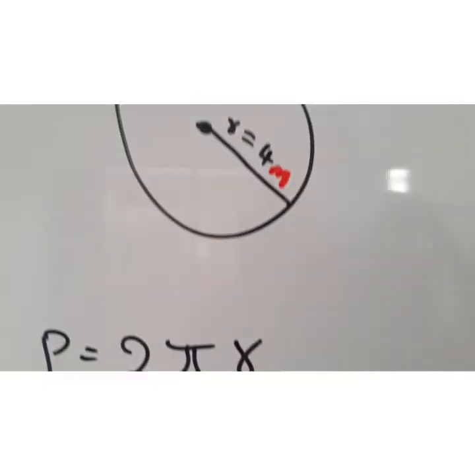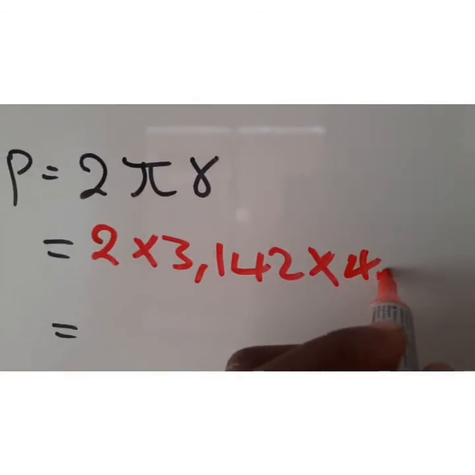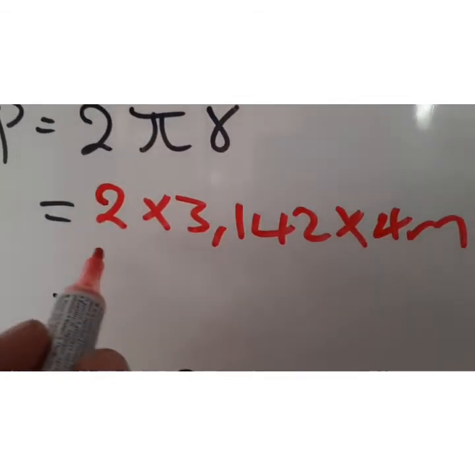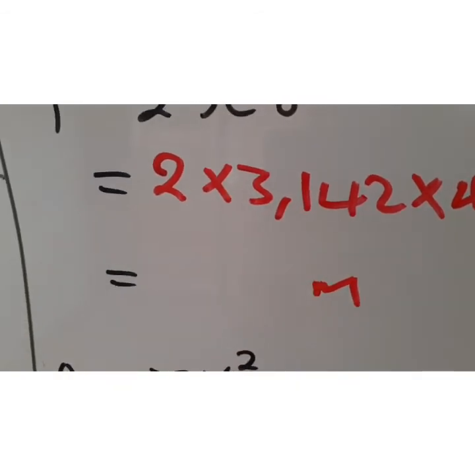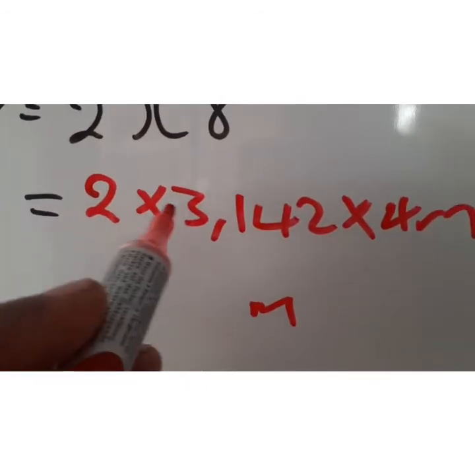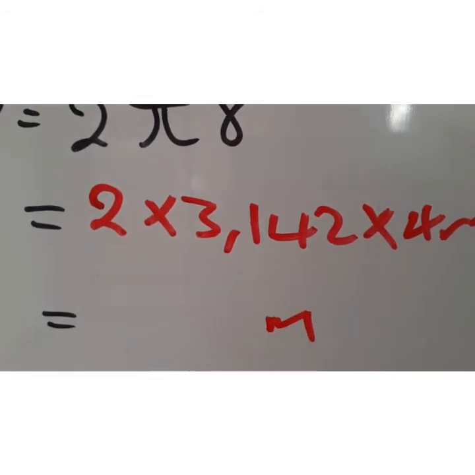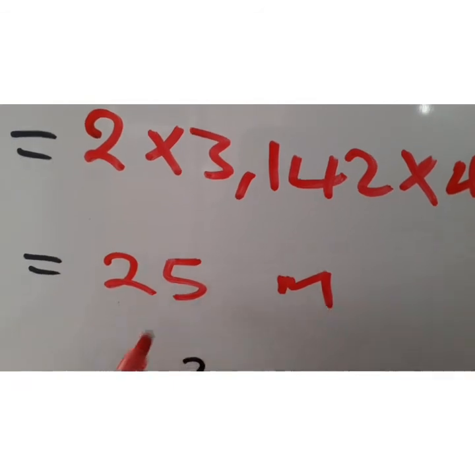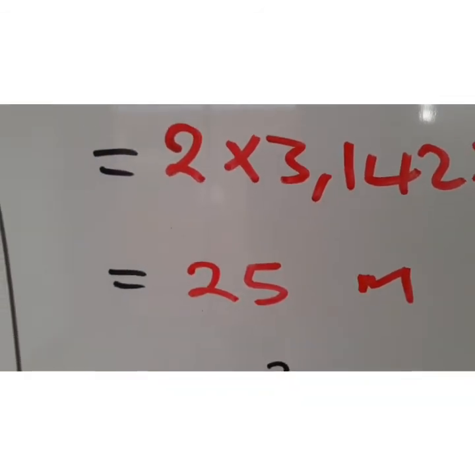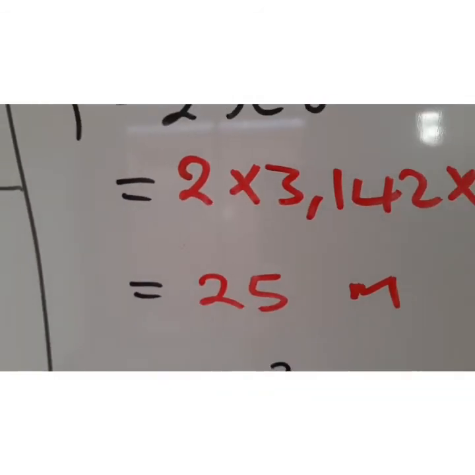My r is 4 meters. As you can see, I only have 1 unit, therefore my answer will also be in that unit. So I'd have my 2 multiplied by 3,142 multiplied by 4, then I'd get my 25 meters. Okay, that is my perimeter.